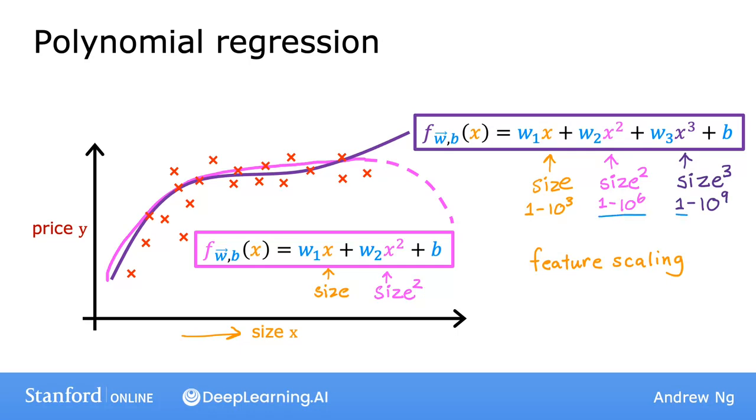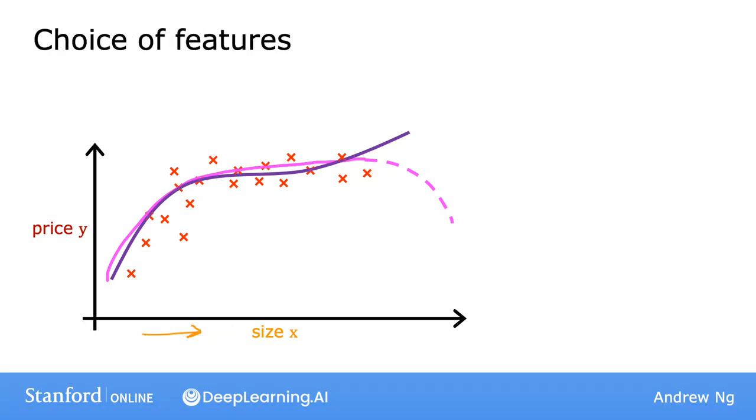So these two features, x squared and x cubed, take on very different ranges of values compared to the original feature x. And if you're using gradient descent, it's important to apply feature scaling to get your features into comparable ranges of values.